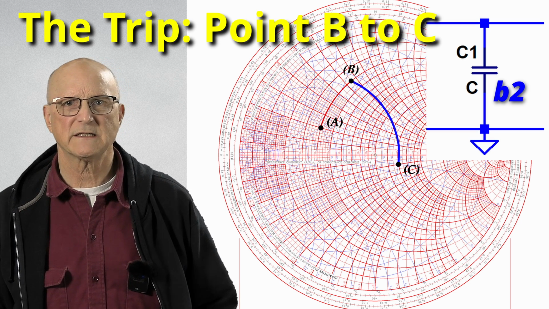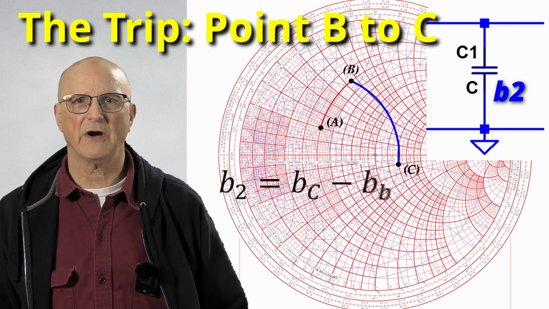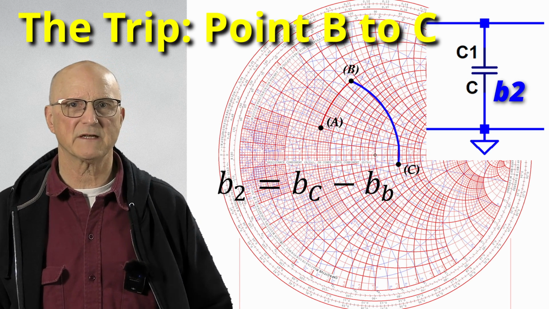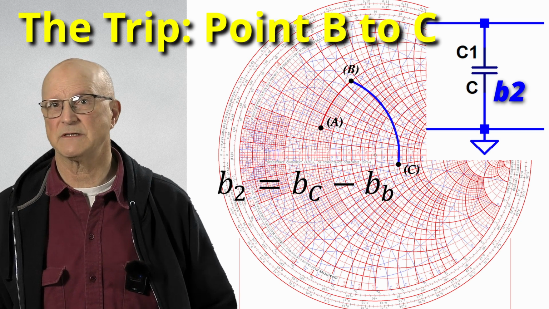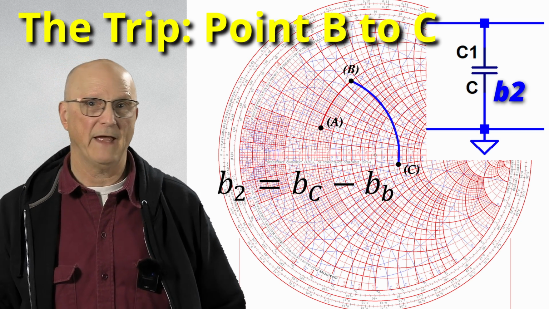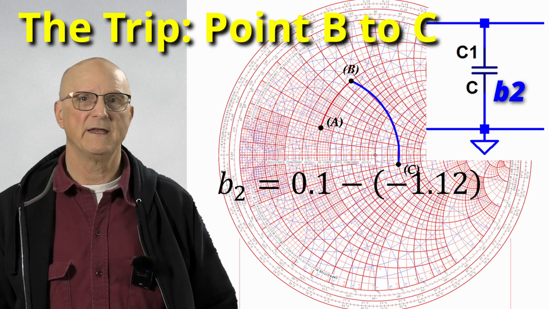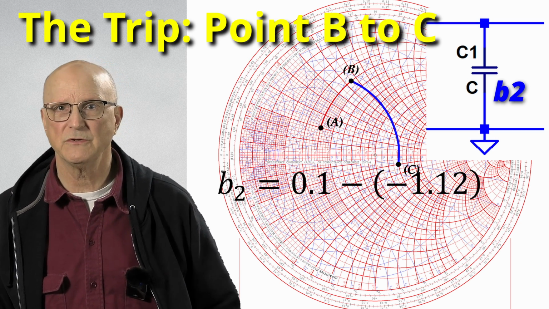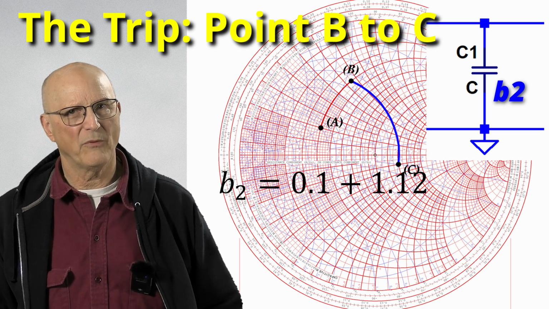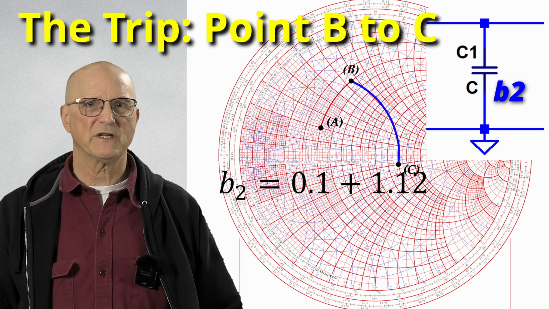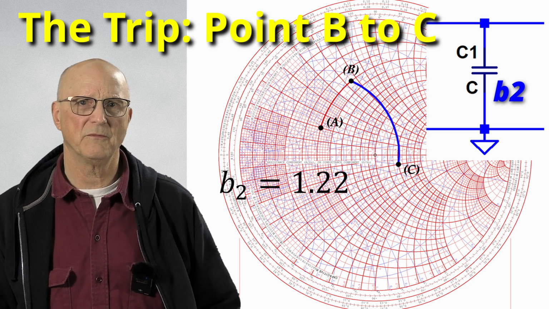The normalized susceptance of this parallel capacitor is found by subtracting the normalized susceptance of point B from the normalized susceptance at point C. That gives us 0.1 minus a negative 1.12, which is the same as 0.1 plus 1.12, which gives us a normalized susceptance of 1.22.